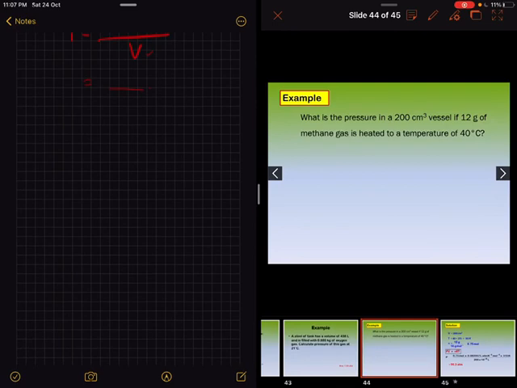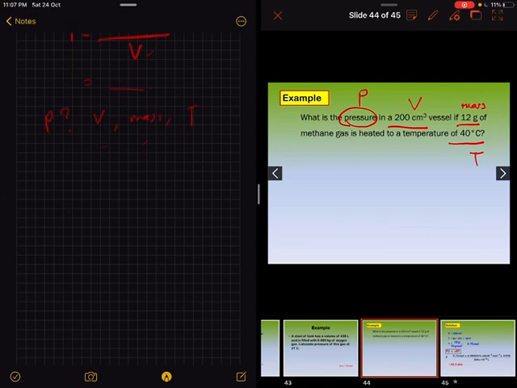What is the pressure? You have to find the pressure in a 200 centimeter cube vessel. So this is the volume. If 12 gram of methane, this is the mass of the methane, is heated to a temperature of 40 degrees Celsius, and this is the temperature. So once again, what do you have? You need to find P, and you have the V, the mass, and the temperature.